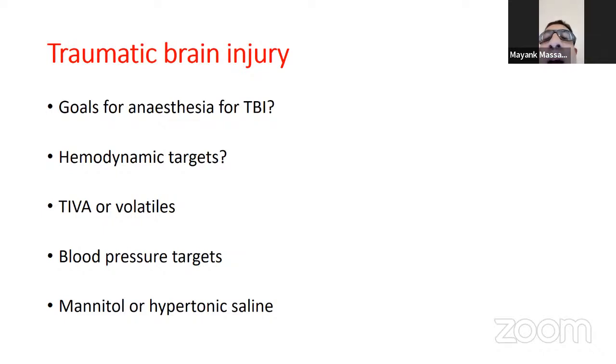And we have to have good arrangements of the blood products, and we should inform the blood bank at the same time. Usually with a trauma patient, they might be losing blood from other parts of the body as well. So sometimes we might have to activate the massive blood transfusion protocol. These things are to be kept in mind when we are conducting traumatic brain injury cases.